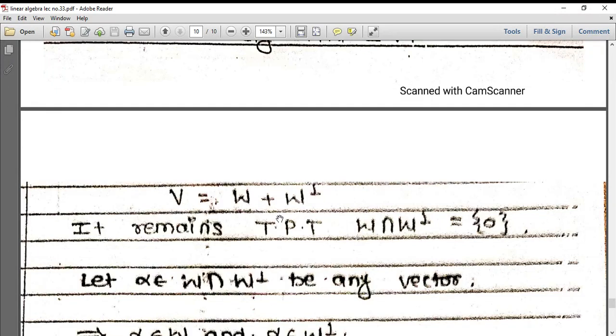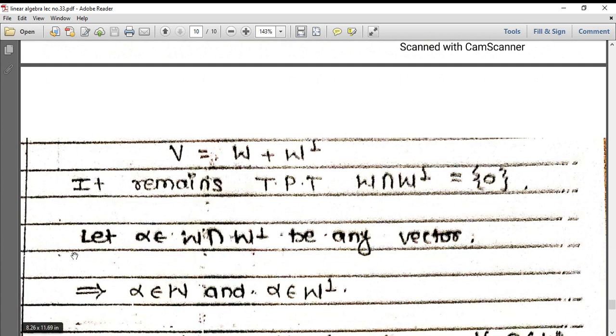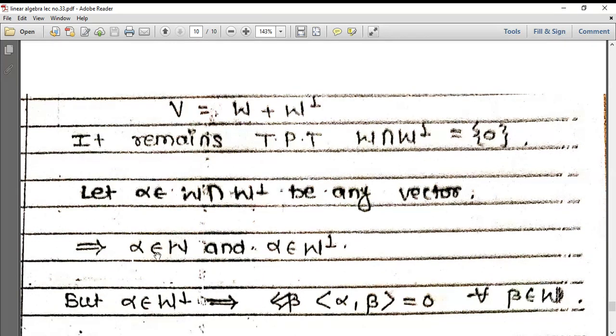Now, we have to prove that this sum is a direct sum. It remains to prove that W intersection W perp is the singleton 0. For uniqueness, for the direct sum, we have to prove that W intersection W perp is the singleton 0. Okay. So let alpha belonging to W intersection W perp be any vector. Then alpha belongs to W and alpha also belongs to W perp.